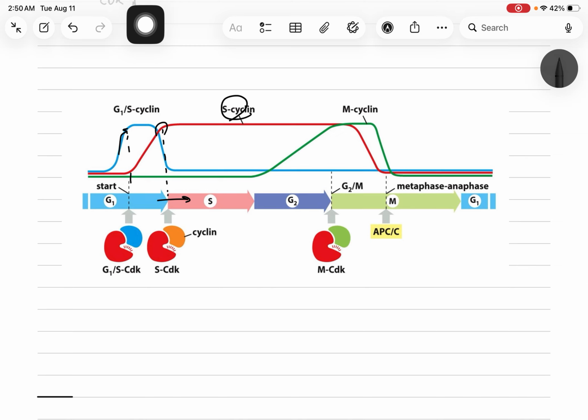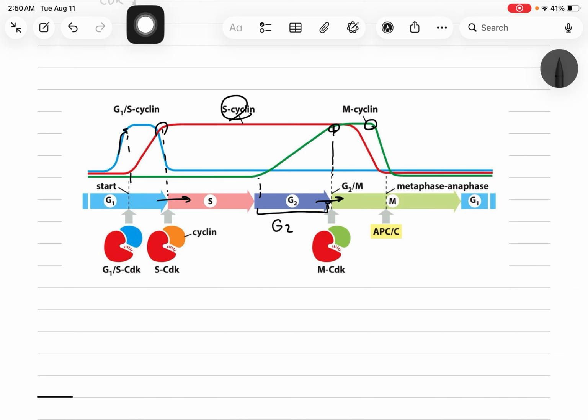M-cyclin, though, gets built up through G2 to trigger entry into mitosis. As you can see here, in G2 we have the M-cyclin concentration getting built up throughout, and then when we have the highest concentration of the M-cyclin, we have the transition from G2 to M phase.